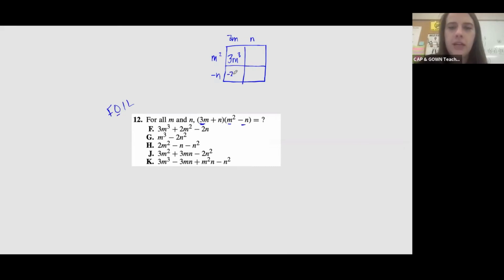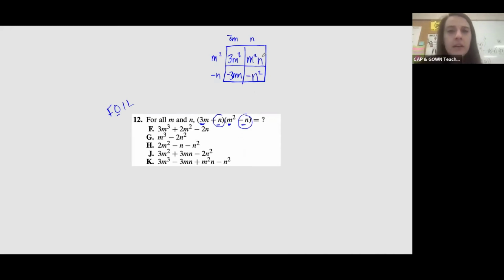So negative 3mn, because you can't multiply variables together unless they have the same base. My inner is n times m squared. So m squared times n. And then last is our n times negative n. So that's negative n squared.